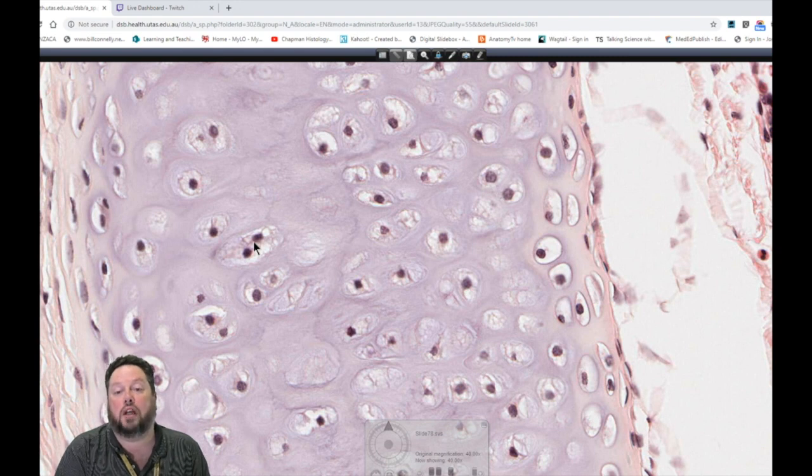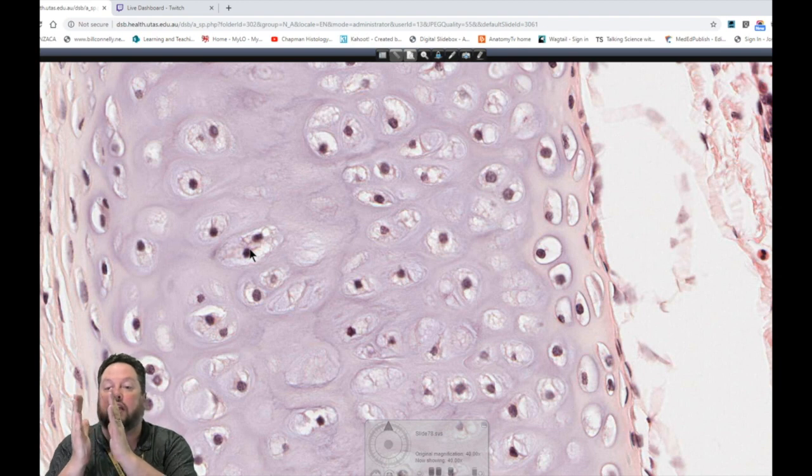Interstitial growth is actually mitosis of existing cells. So we end up with 2 cells trapped within the same lacuna, and then eventually they both secrete extracellular matrix so that the lacuna actually separates into 2 individual lacunae rather than the 2 cells being in the same lacuna.